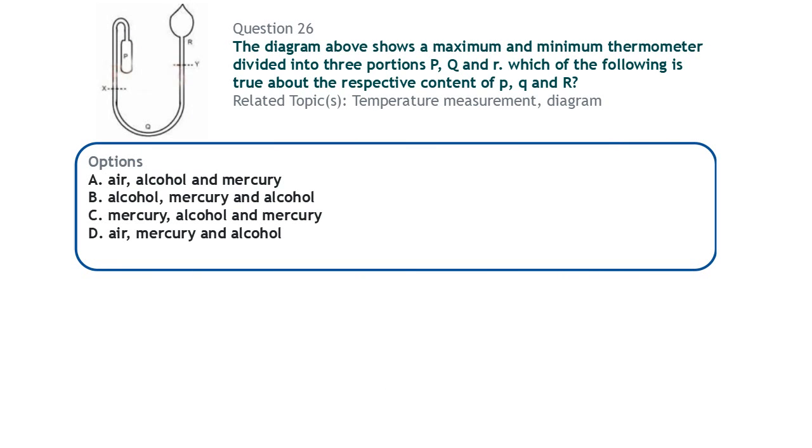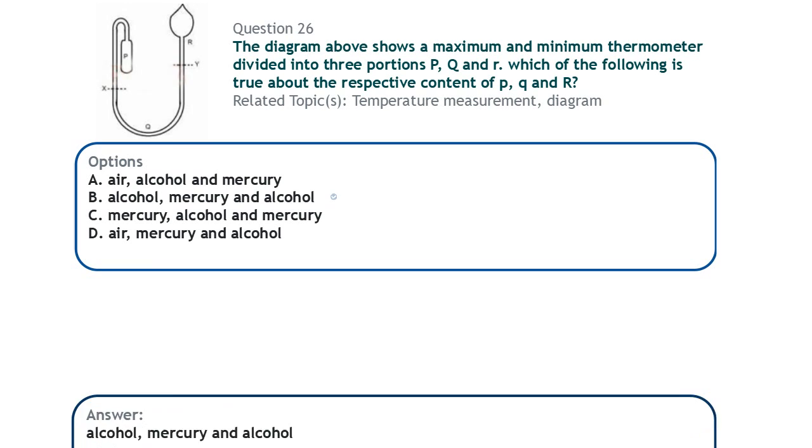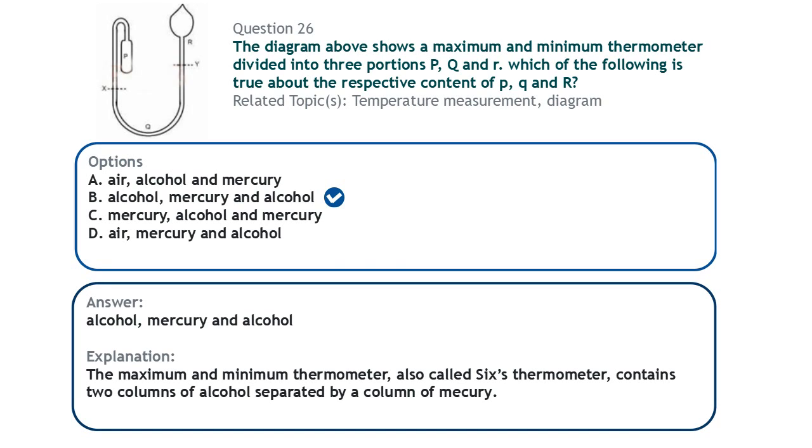Next, the diagram above shows a maximum and minimum thermometer divided into 3 portions: P, Q, R. Which of the following is true about the respective content of P, Q, and R? So the maximum and the minimum thermometer, by standard, is also called the Six thermometer. It contains 2 columns of alcohol separated by a column of mercury.